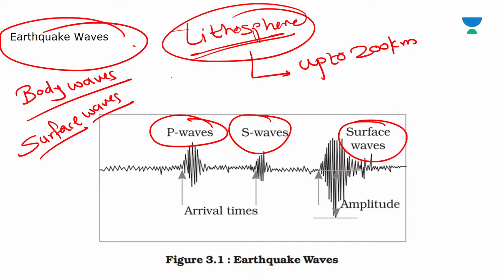These are the S waves and P waves. These are the body waves. So, P waves move faster and are the first to arrive at the surface. These are also called primary waves.